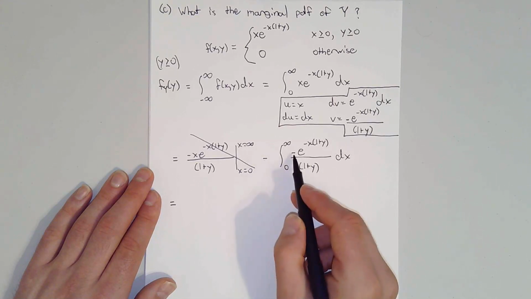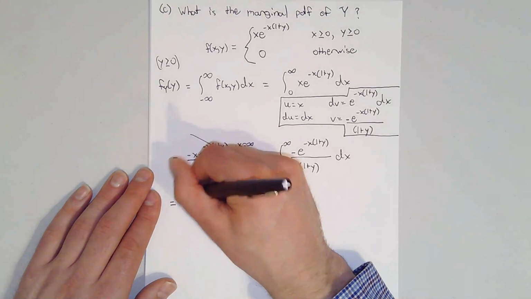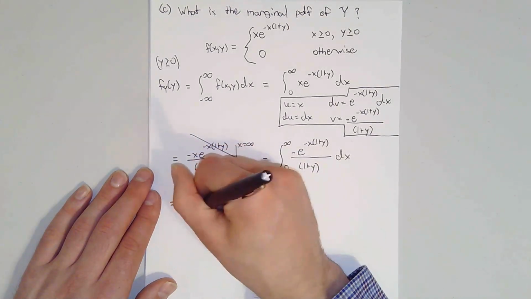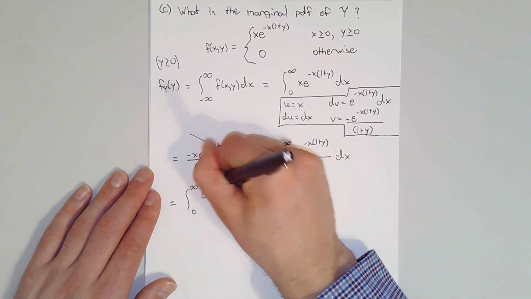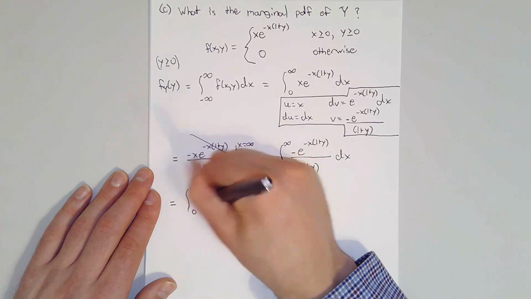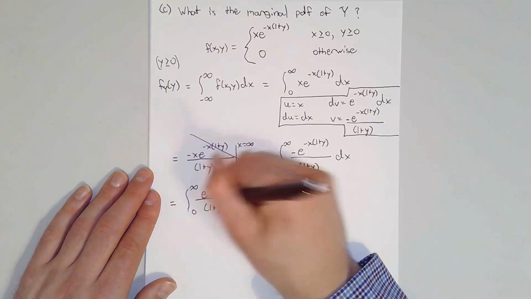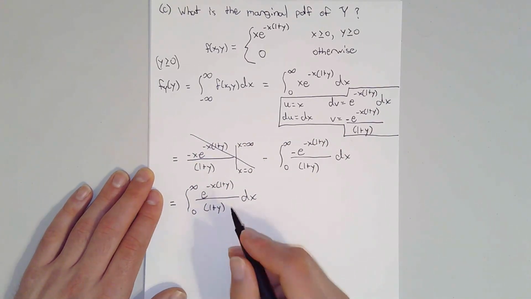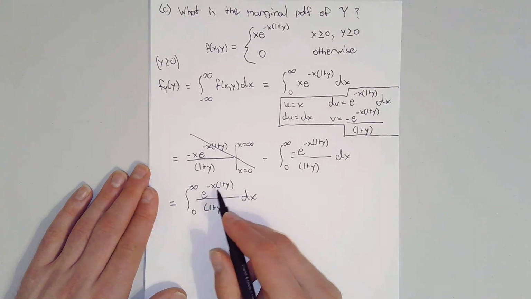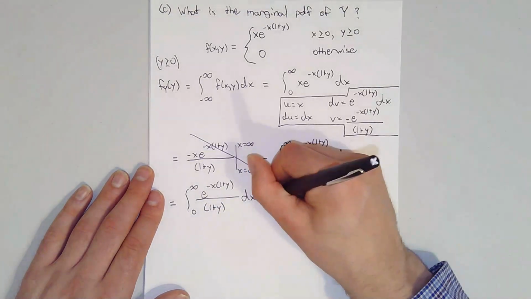The negative and the negative make this positive. So this becomes the integral from 0 to infinity, just like so, of this expression. So integrating this expression, remember 1 plus y is just a constant.